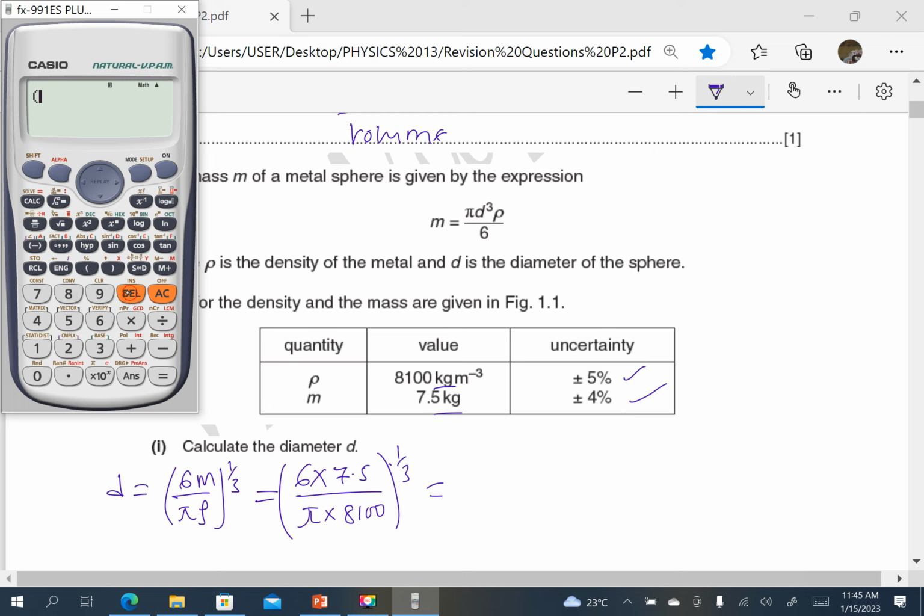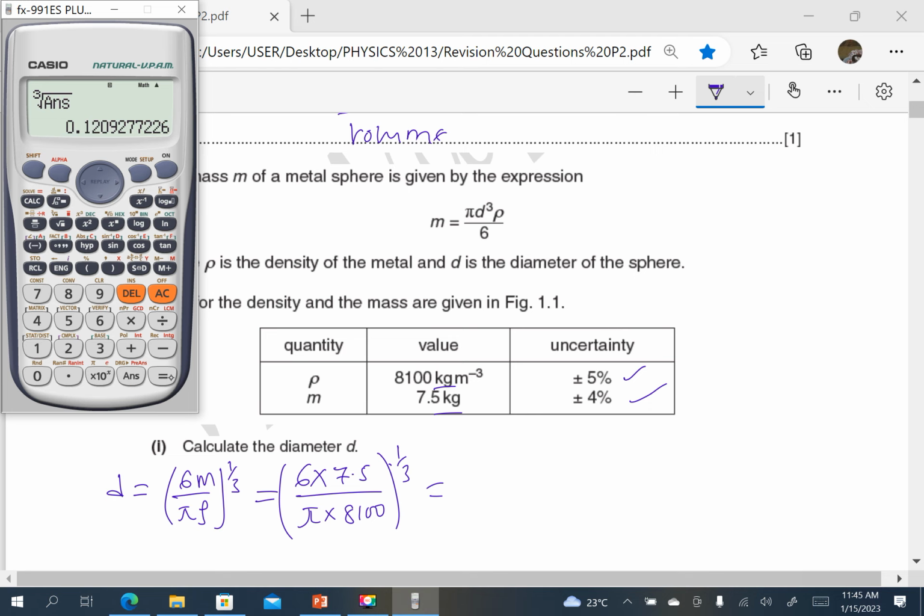6 times 7.5 divided by pi times 8100. Then we find the cube root of the answer.